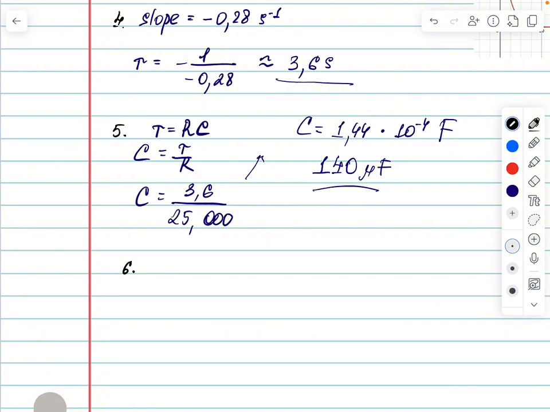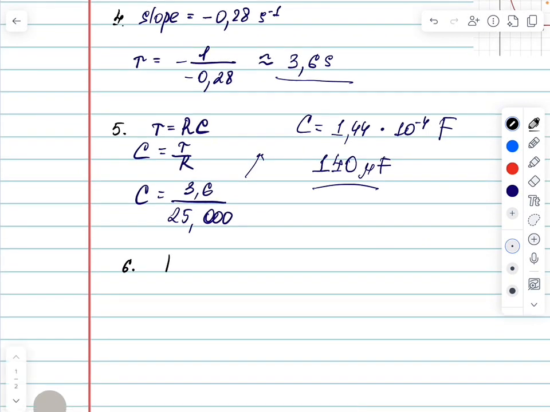Then we need to find the initial current. And at the beginning of discharge, the initial current is equal to the initial voltage over resistance.